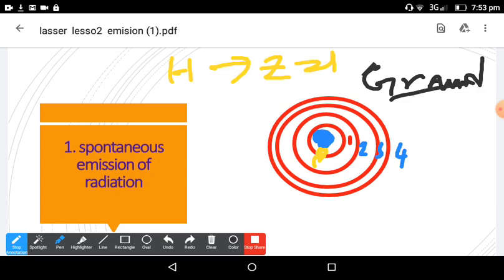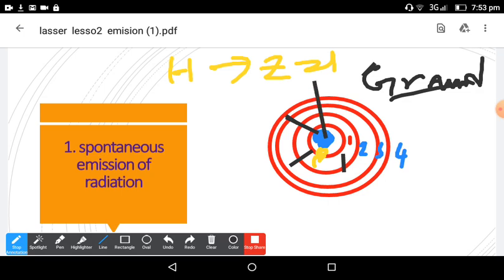We can have many more orbits, 5, 6, 7 also. For our convenience, I have drawn 4 orbits only. So this electron can reach a higher orbit. From first to second, or first to third, or first to fourth, like that.